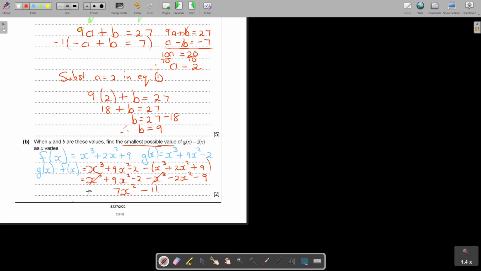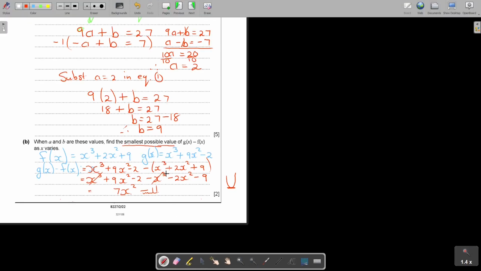Now, if you look at this, you will see it's a quadratic equation, but there's not a middle term. If there's not a middle term, then say, for example, it's positive and the graph is like this, then the value of the constant will be the smallest possible value.